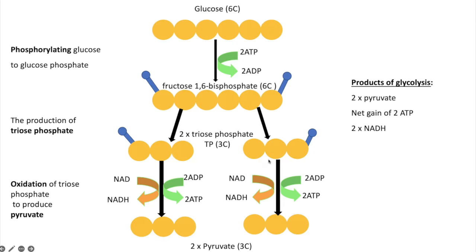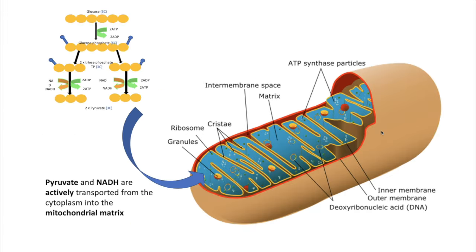So overall, the products we get from glycolysis are 2 3-carbon compounds of pyruvate, a net gain of 2 ATP, so although we made 4, we had to use 2, and 2 reduced NAD, or 2 NADH. And the pyruvate and the reduced NAD are going to be used in the later stages of aerobic respiration.